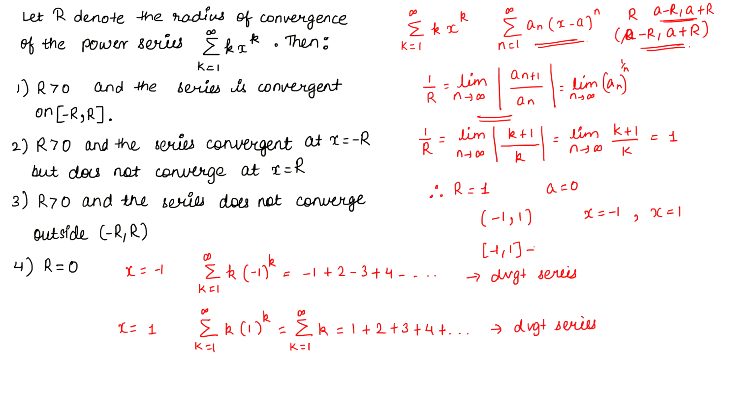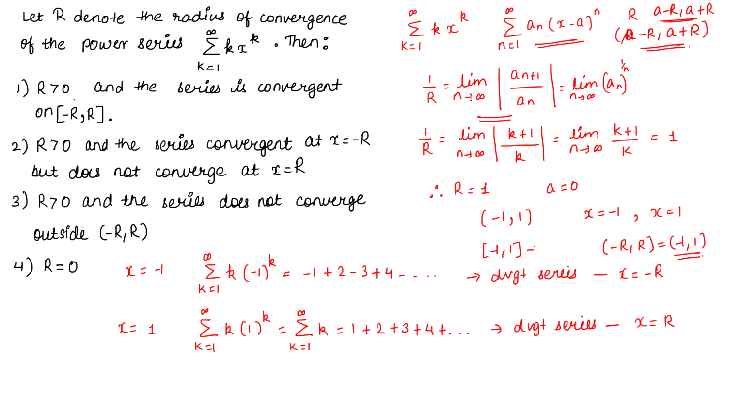So the series is divergent at x equals 1 also. So at x equals minus r the series is divergent, and at x equals r also the series is divergent. In the open interval minus 1, 1 the series is convergent.